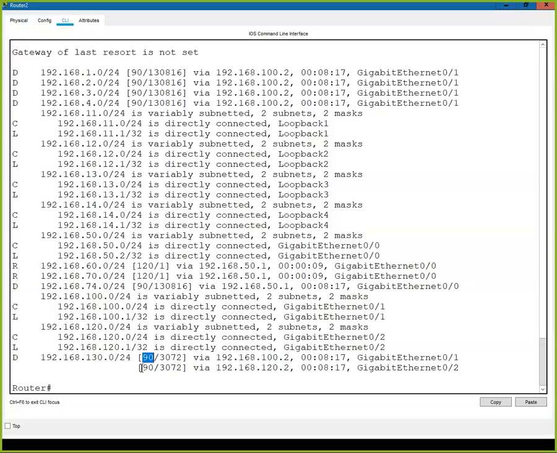These are 90, so we have equal administrative distance and an equal cost in the metric. So we have both of the paths in the route table. What will happen is one packet will go this way, next packet will go, so it will use both of them, and the router will make the determination of how to.